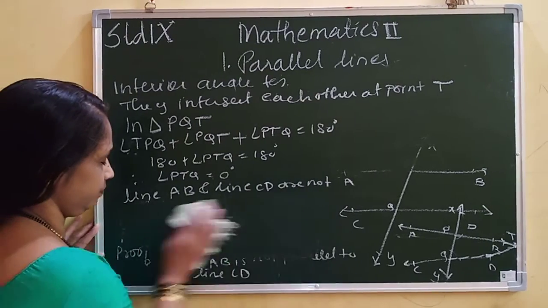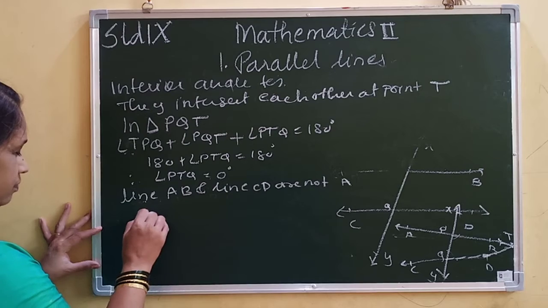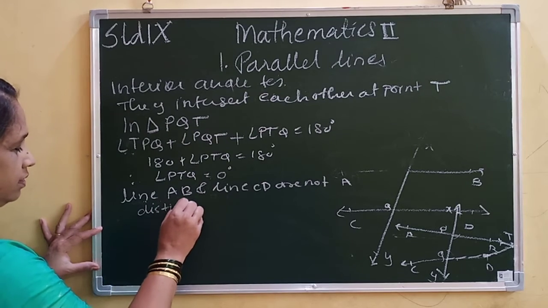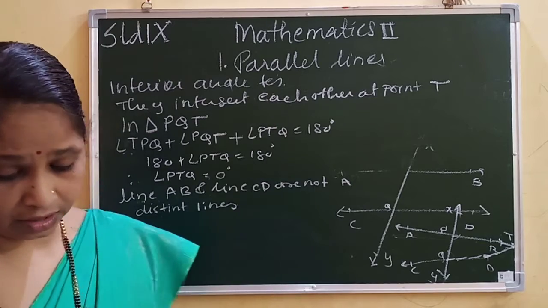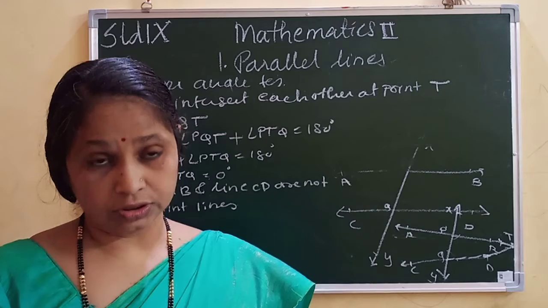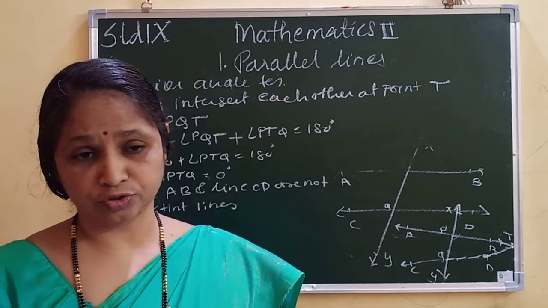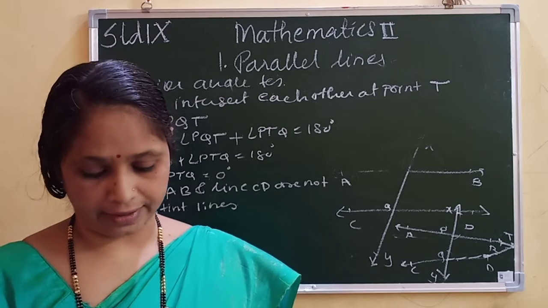Okay. So this is a contradiction to assuming that these lines are not parallel. Means the lines are parallel.